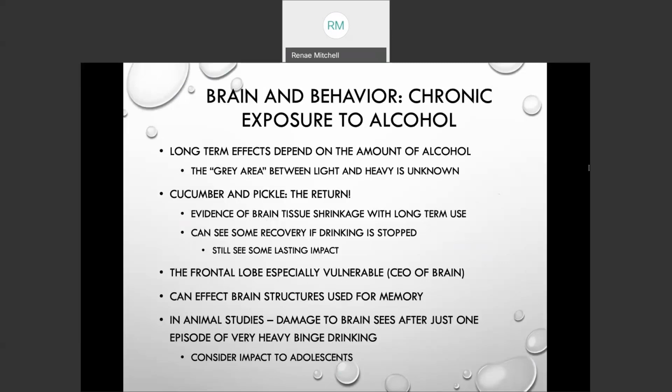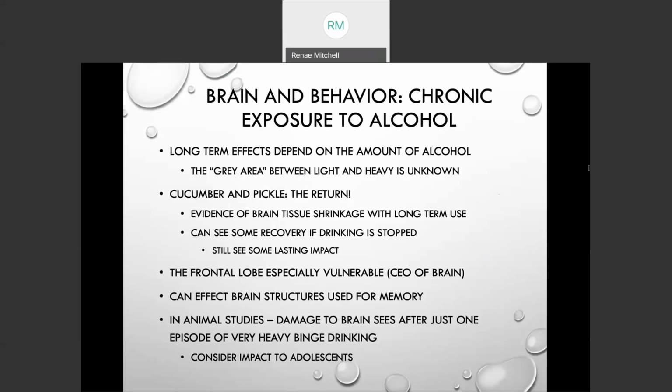So when we were looking at that chart for level of impairment, that line between someone who's drunk but conscious and someone who has lost consciousness and is on their way to death is a very fine line.